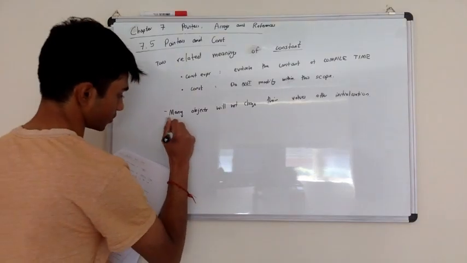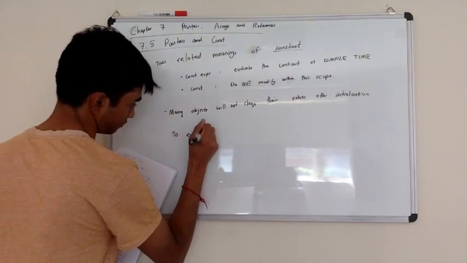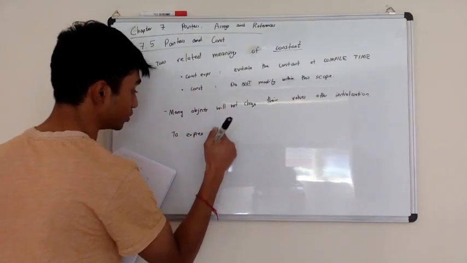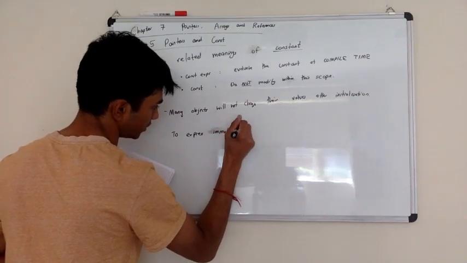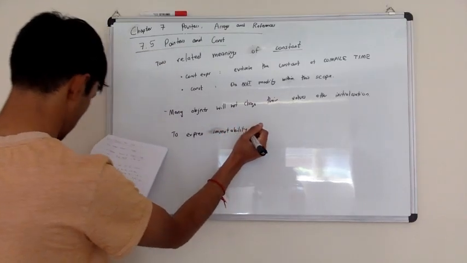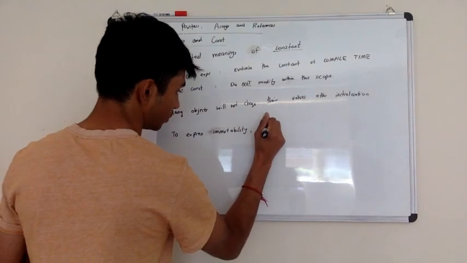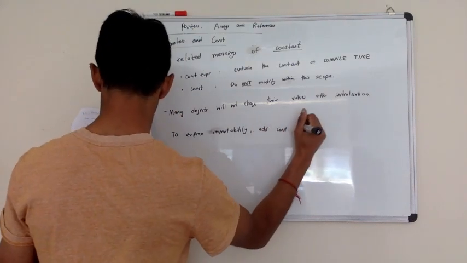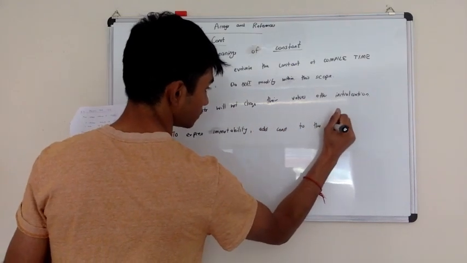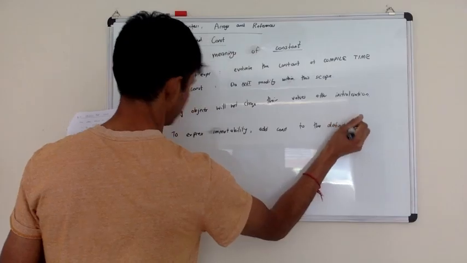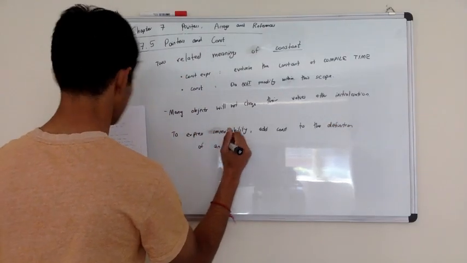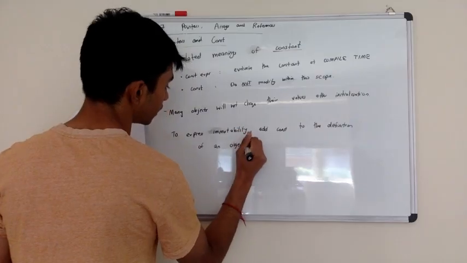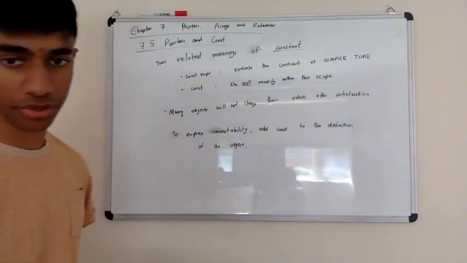So in essence, to express immutability, add the keyword const to the definition of an object. Immutability basically just means the value is unable to change, whereas mutability means the value of the object is able to change.